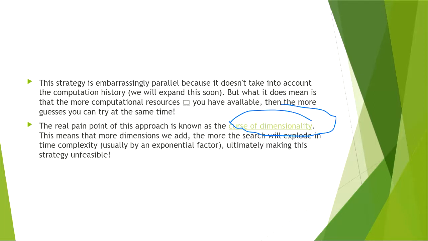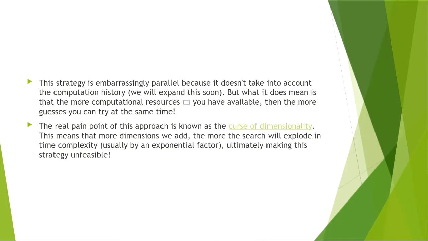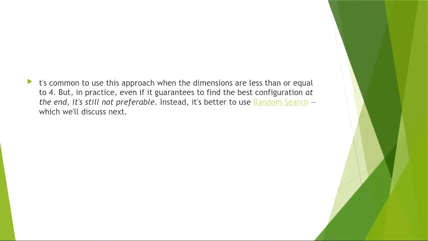And another thing is that for grid search, you require more computational resources as compared to your random search. So these are the two things which make random search much better than your grid search.